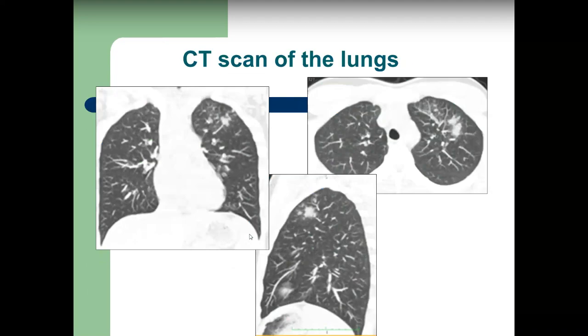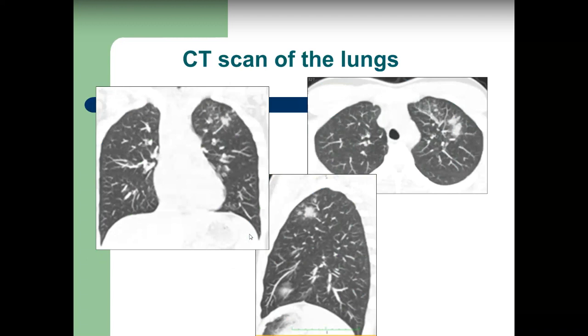There are lots of nodules in the left lung. These nodules are connected with tuberculosis. So, of course, CT is much more informative for tuberculosis diagnosis. So we can talk about activity of this process.